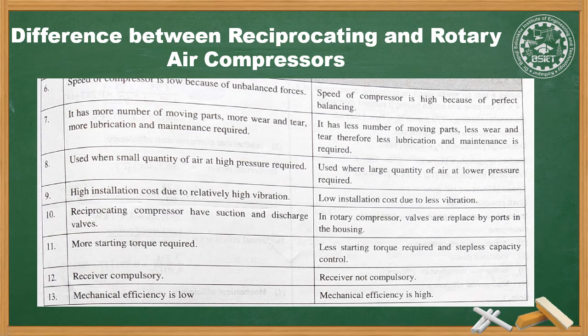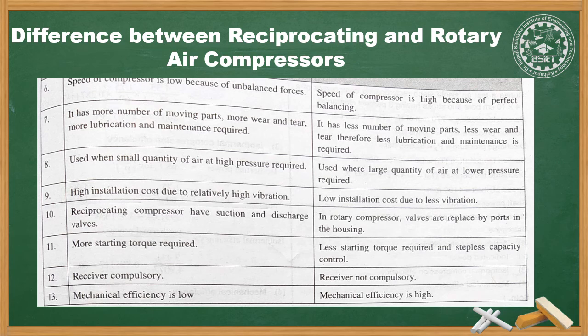In reciprocating compressor, more number of moving parts are there, so more wear and tear is possible and more lubrication and maintenance is required. Whereas in rotary air compressor, there are fewer moving parts, less wear and tear, so less lubrication and maintenance is required. Reciprocating compressors are used where small quantity of air at high pressure is required, whereas rotary air compressors are used where large quantity of air at low pressure is required.